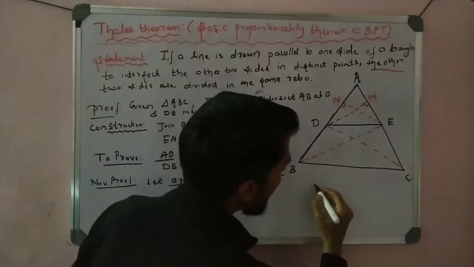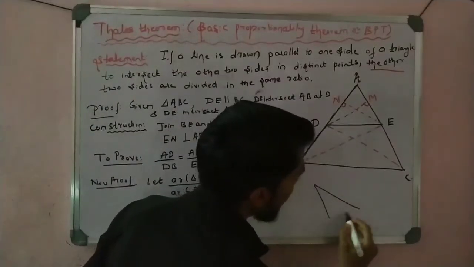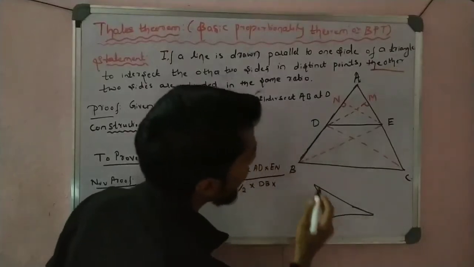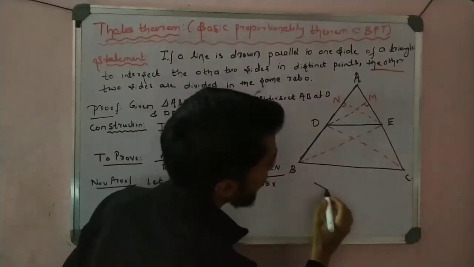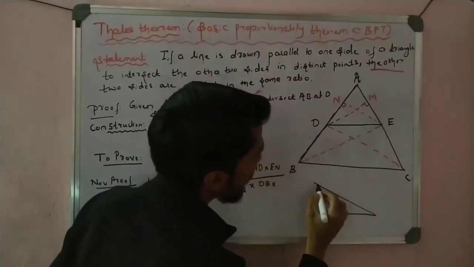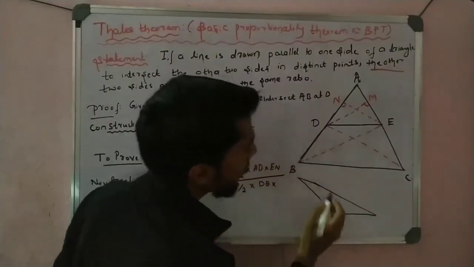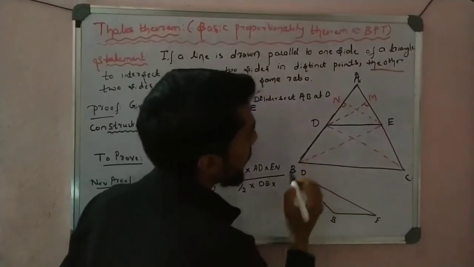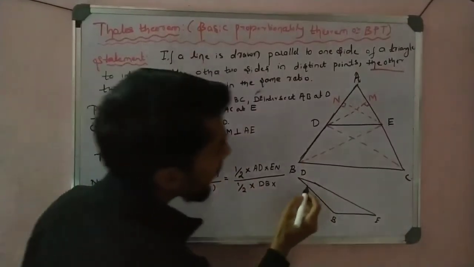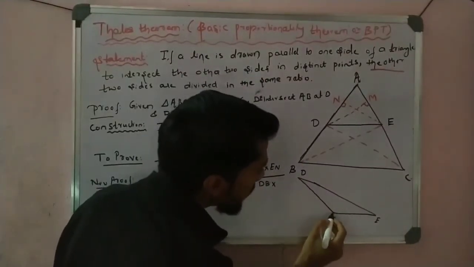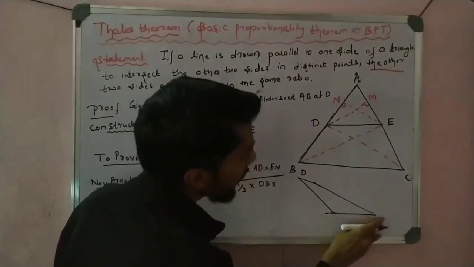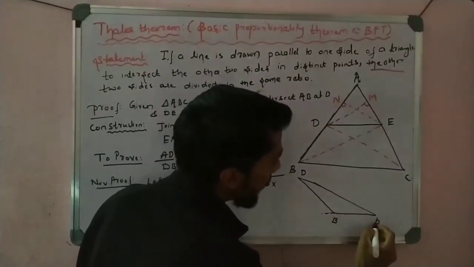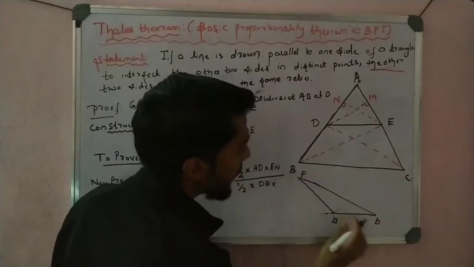See, this triangle is like that. Which triangle? B, E and D. So in this triangle, what do we take as height? BD is the base now.